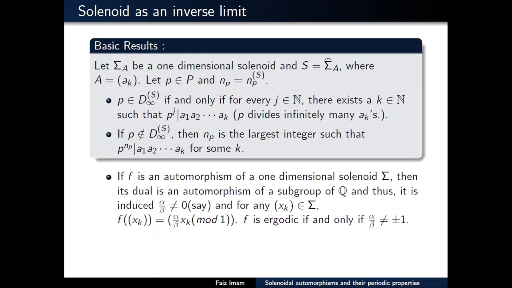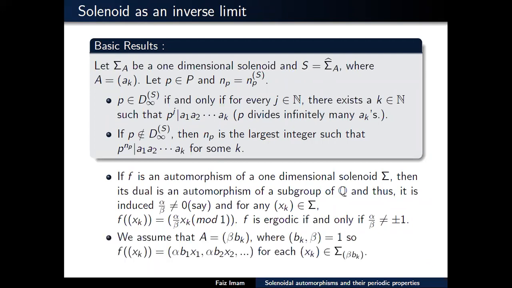Without loss of generality, we make an assumption and replace the sequence A, the ak's, by beta times bk's, with the condition that bk and beta are coprime with each other.